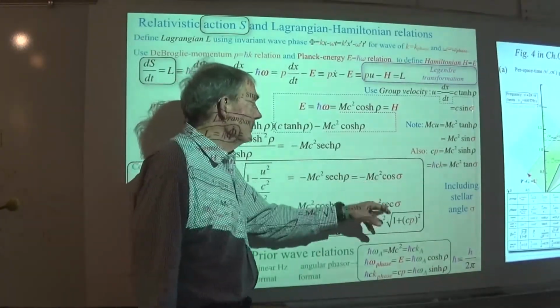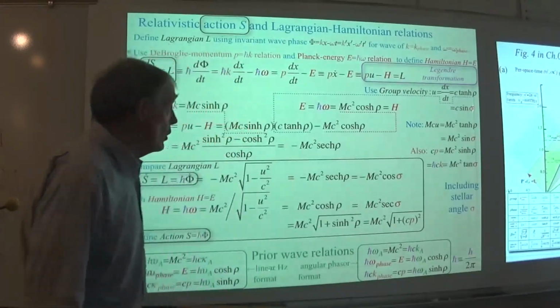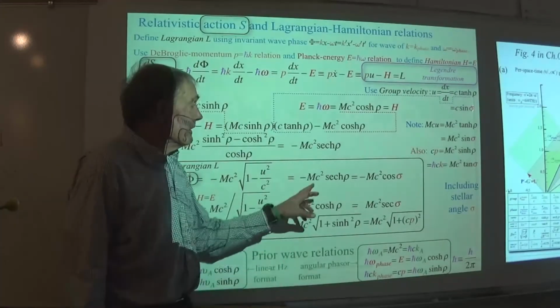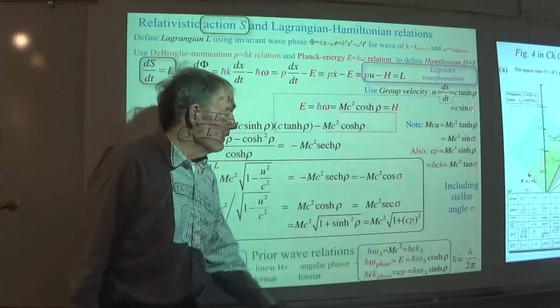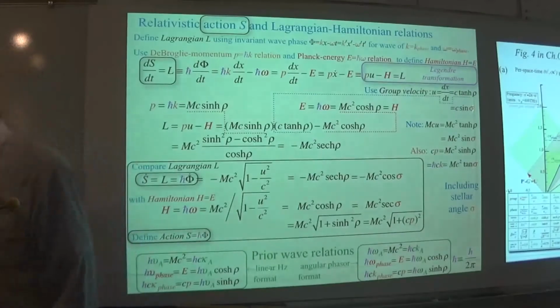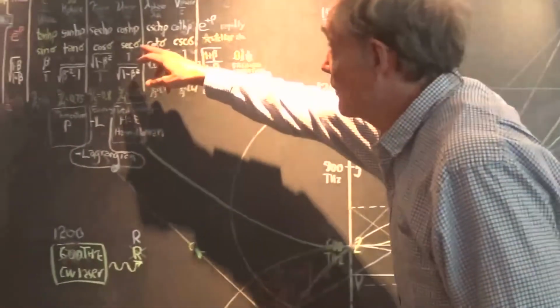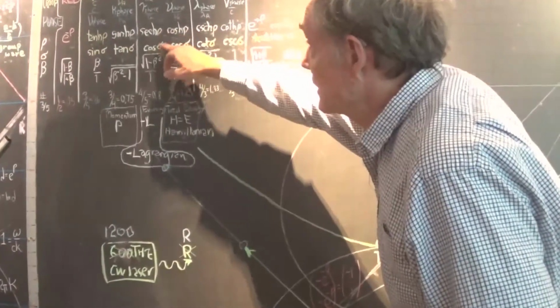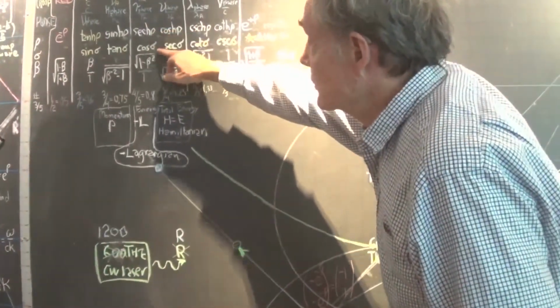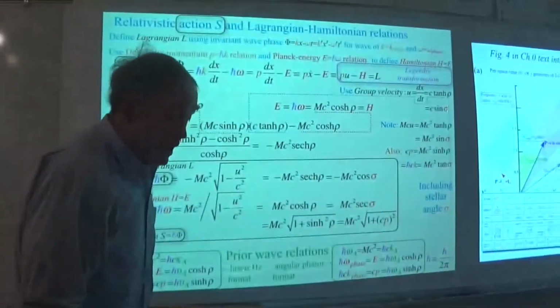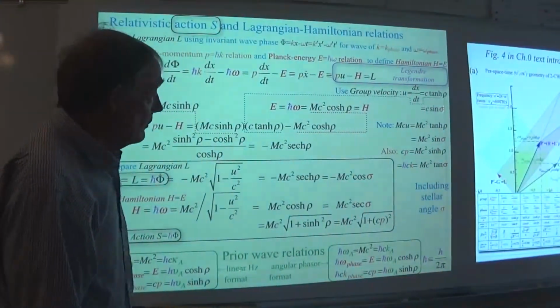This is the Lagrangian giving mc squared times the cosine of sigma. The cosine of sigma is the same as the sec of rho. Remember the way these things are situated in this table, the secant right here, and the cosine right here. Secant of the rapidity, the cosine of the stellar aberration angle. The waveguide k-vectors, a polar angle is what it really is.